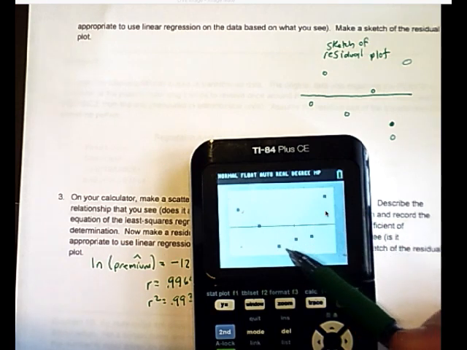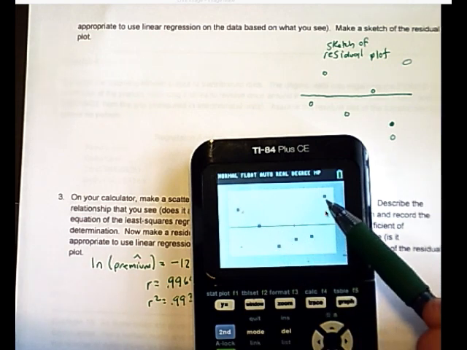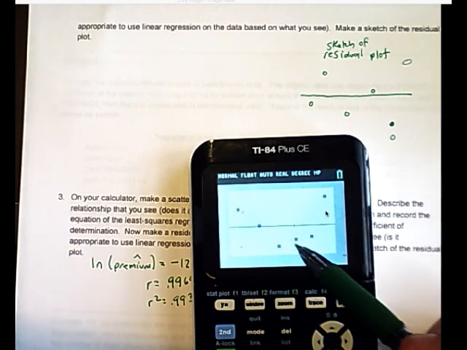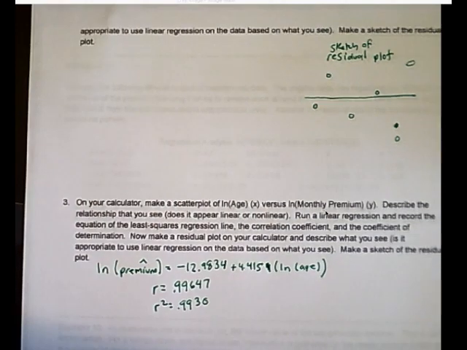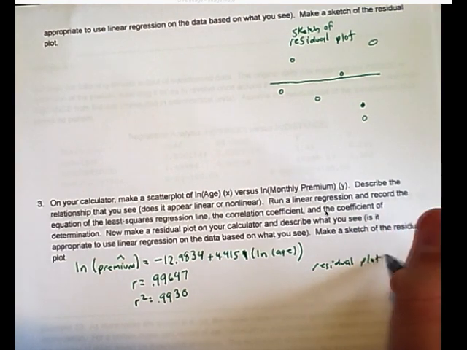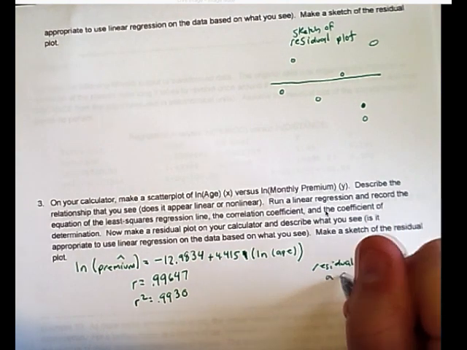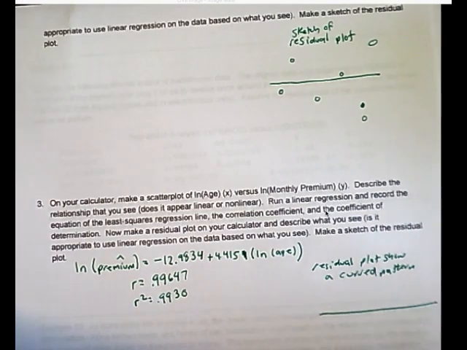It shows a curved pattern. So I wouldn't use that one. We'll say the residual plot shows a curved pattern. So that's what it looked like.